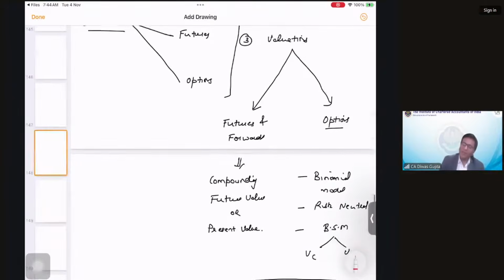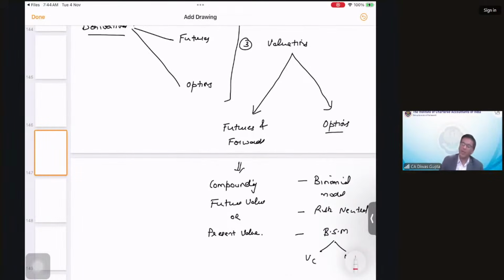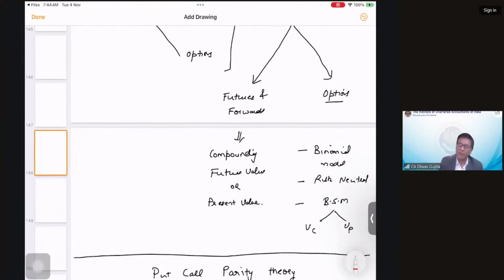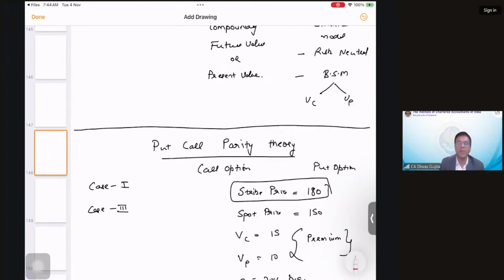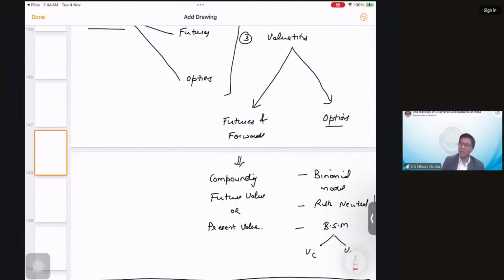Around valuations of futures, forwards and options, there are two parts, right? One, for futures and forwards, the concept of the present value and the future value prevails, that is using the compounding technique. In case of an option, the binomial model we have discussed, the risk neutral method we have discussed to calculate the probabilities, and then the Black-Scholes model for two different formulas, value of call option and value of the put option, students. I hope this is clear.